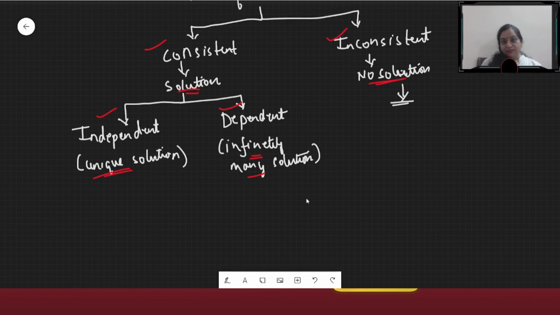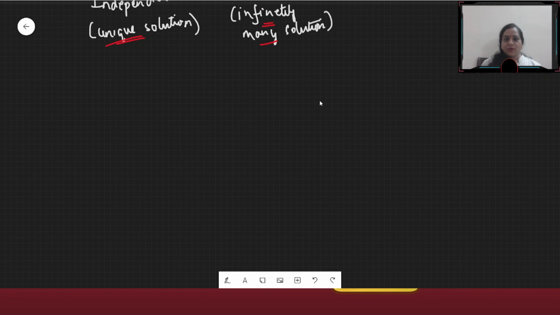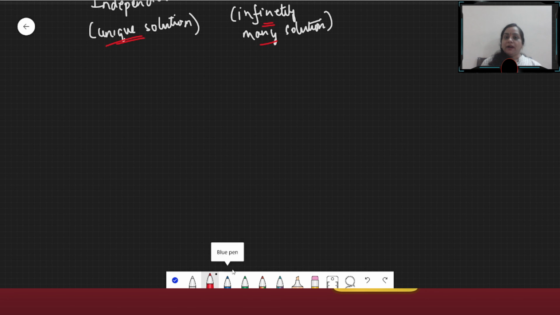Now, I hope this point is clear to everyone. Apart from this, a few things you have to remember. We know that there are two ways of solving a pair of linear equations, the graphical method and the algebraic method. But depending upon the comparison of ratios, we can find whether a pair of linear equations is going to be consistent or inconsistent, whether it has a unique solution, infinitely many solutions, or no solutions.